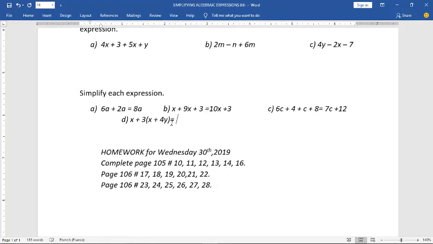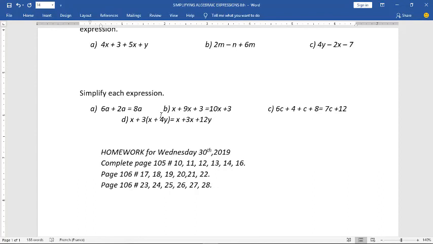It is going to be this x by itself plus 3 times x, which is 3x, plus 3 times 4y, which is 12y.